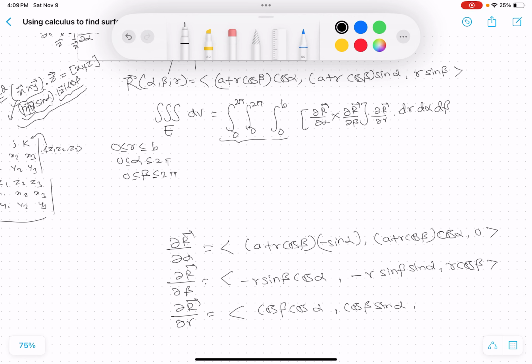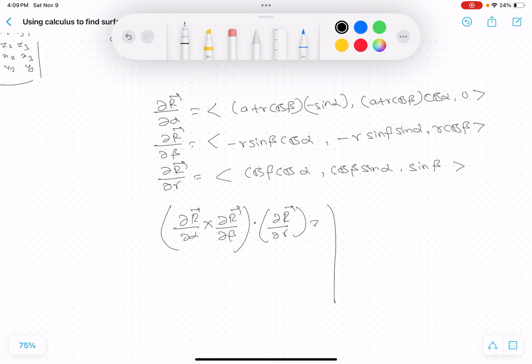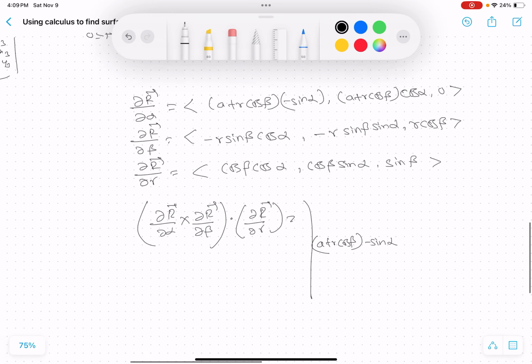Now we need to first take the cross product and determinant, and we know that this scalar triple product will just be the determinant of the entire thing. I already told you how to take this scalar product. So this will just be the determinant of the entire thing. For the sake of understanding, I'm writing it in the same position that you would think: alpha in the second, beta in the third, and the r will come over here as the dot product.